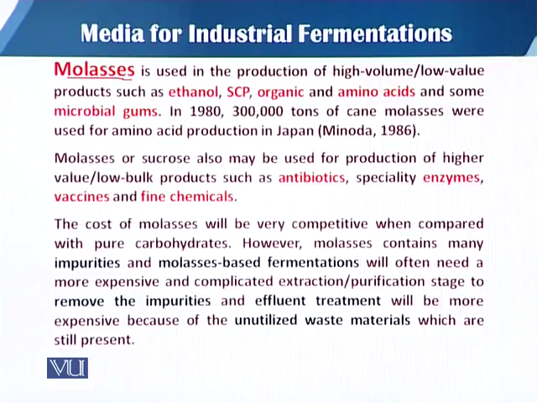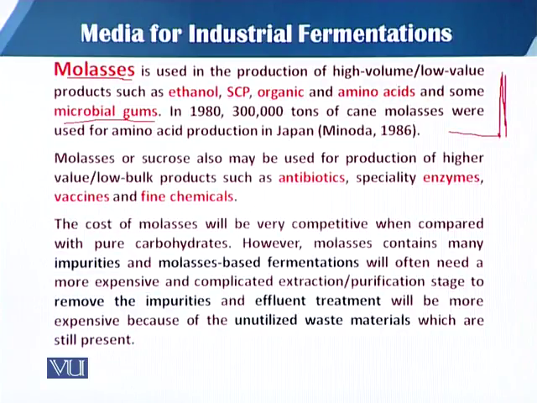Molasses is used for the production of high volume and low value products such as ethanol, single cell protein, organic acids and amino acids, and some microbial gums. Its utilization is increasing.